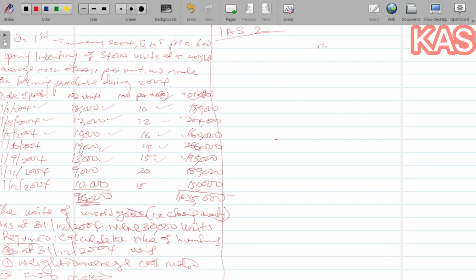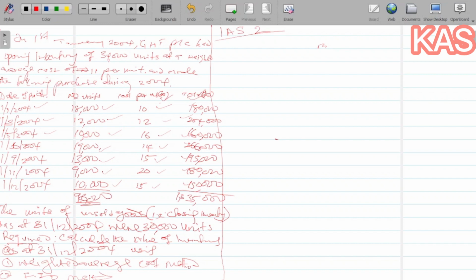On November, we have 9,000 at 20 naira, 180,000 naira. On December 1st, we have 10,000 at 15, 150,000. So the total cost is 1,335,000.